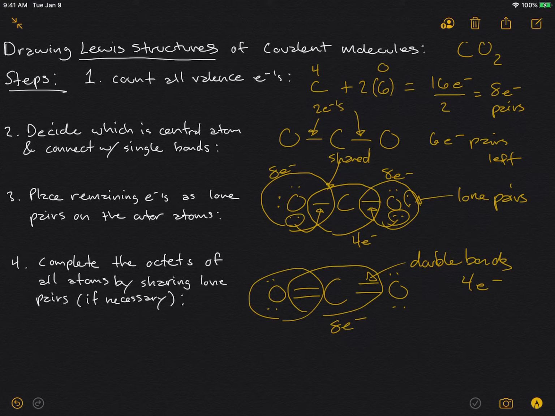So oxygen has 8 electrons, carbon has 8 electrons, the other oxygen has 8 electrons. So the octets are full, and that's what you want to see in a complete structure. Everything has 8 electrons, and everything is satisfied. Their valence is satisfied. They've got complete octets. So that's nice.